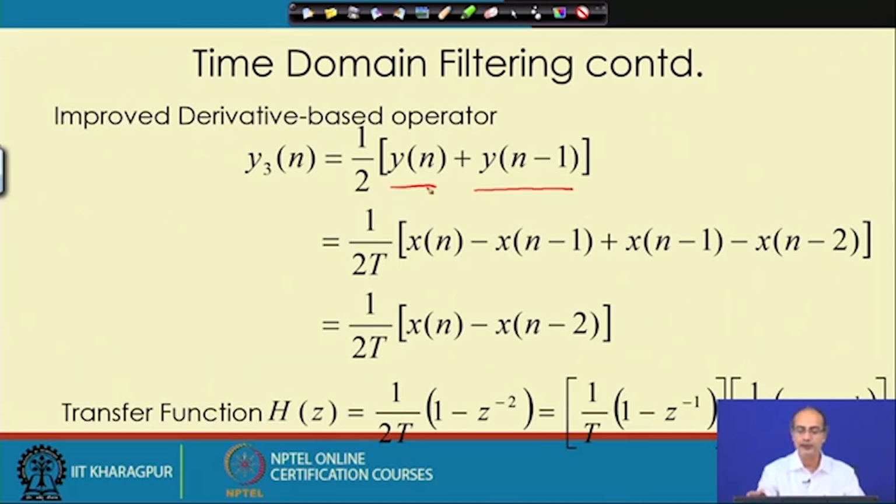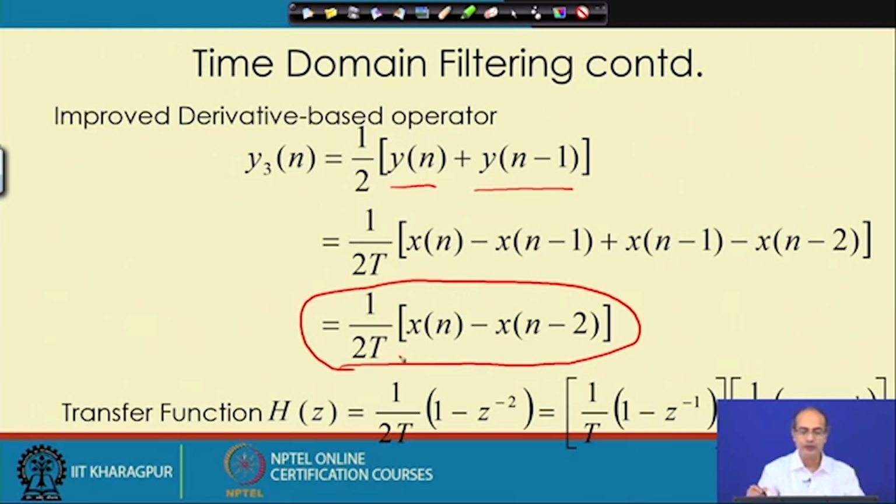If we replace y n and y n minus 1, we can do the simple computation and we get this form. This is the form of the new modified or improved derivative based filter, and the corresponding transfer function is given here.